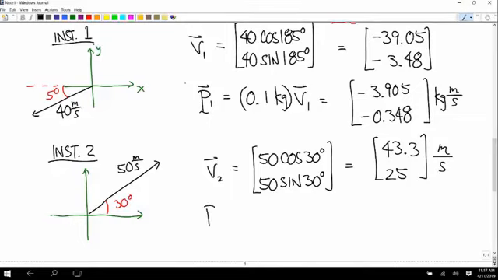And then the momentum at instant 2 is the mass, 0.1, times the velocity at 2, and so you get 4.33, 2.5.